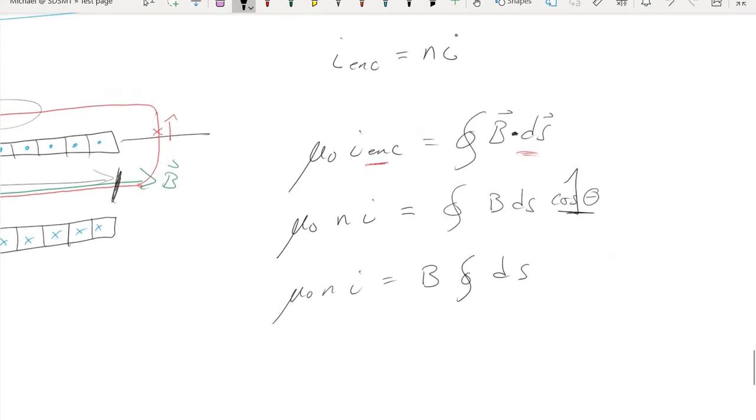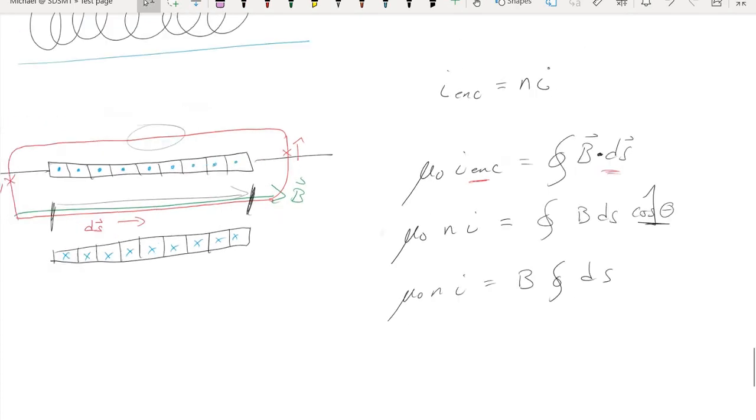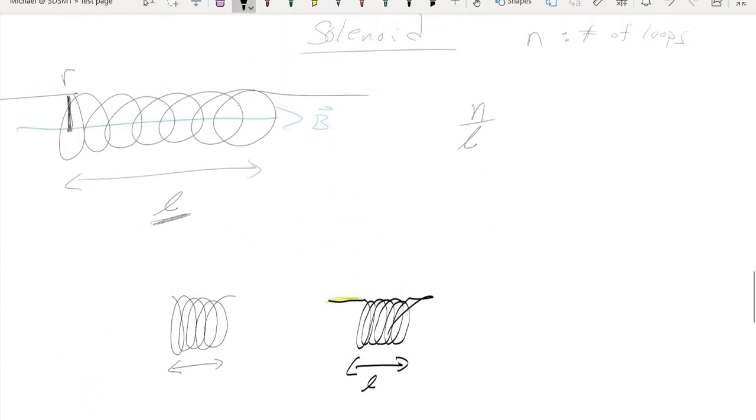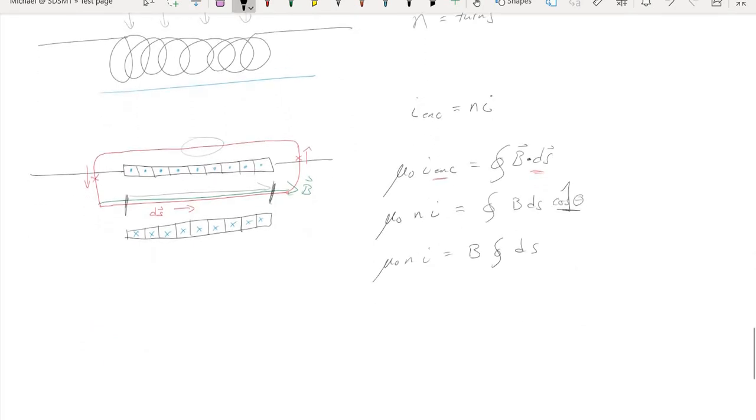And the last thing we have to do is integrate about the path through that solenoid. Well, we should already know how far we have to go through that solenoid. It's the length of the solenoid. So that integral for ds just becomes L.